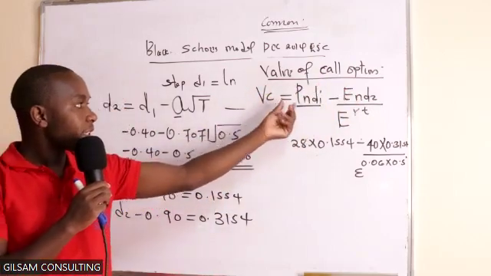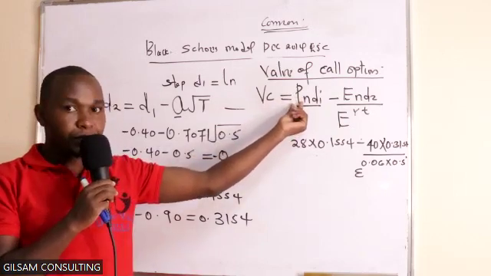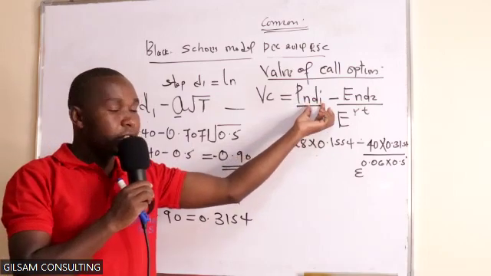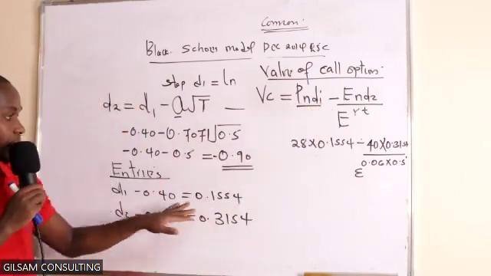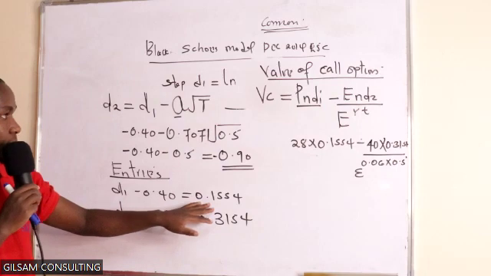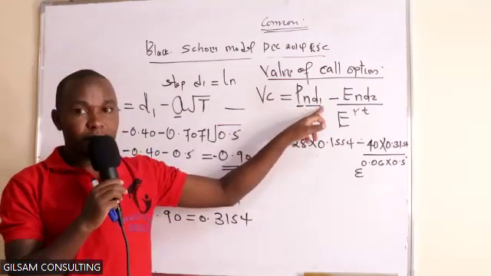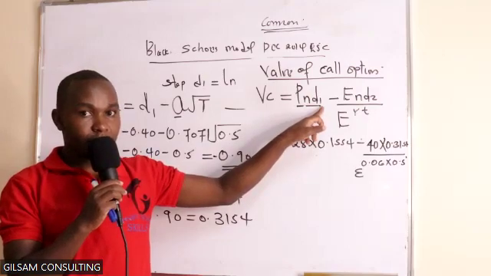You take the spot rate times the first entry, N(D1).